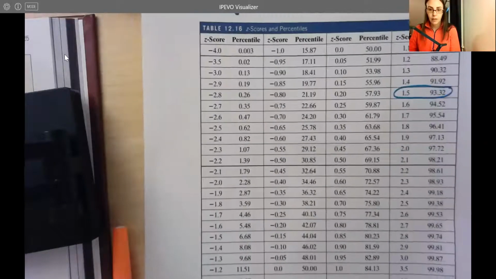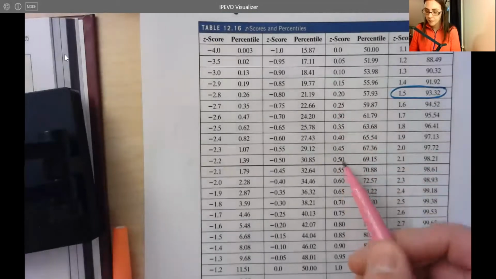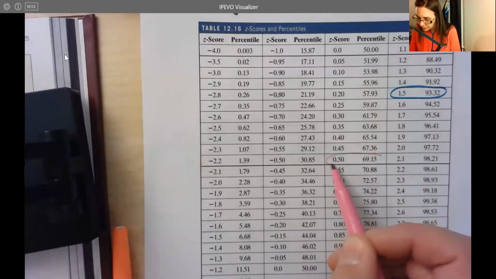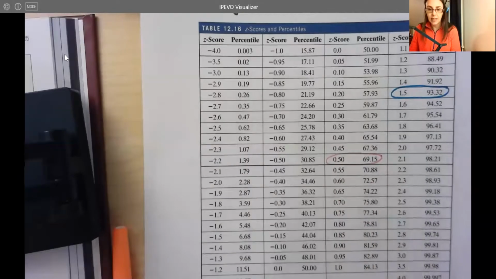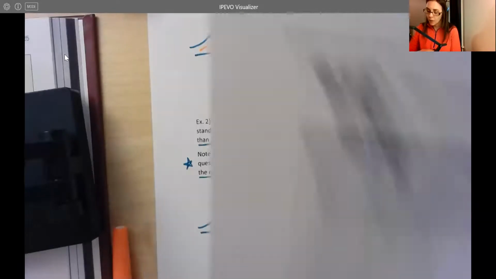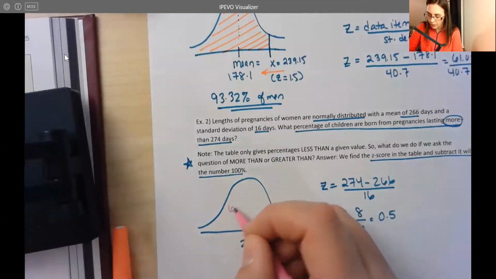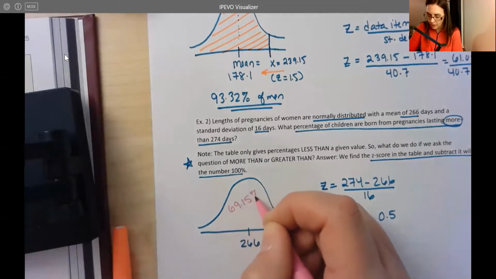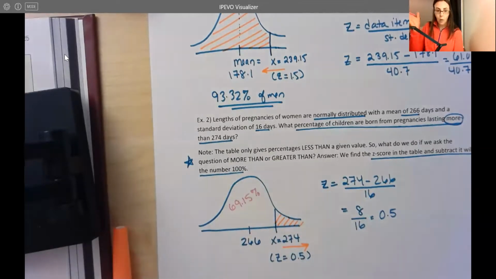So I'm going to find z is 0.5 first. Okay, and I can see it right here. The percentile is 69.15. So what it's giving me is actually this part over here, 69.15%. Again, it's always area to the left on the table, but that's not what we want.